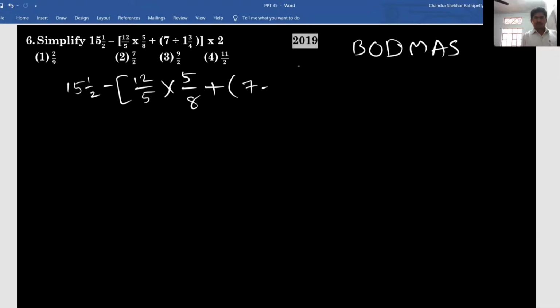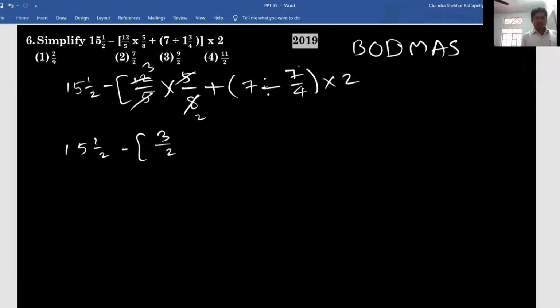7 minus 4 7/4 children, not minus, divided by, this 7/4 into 2. So 5 cancel, 4 2s are 8. 15.5 minus 3/2 plus, to divide a fraction by another fraction we have to multiply by the reciprocal of the second fraction.